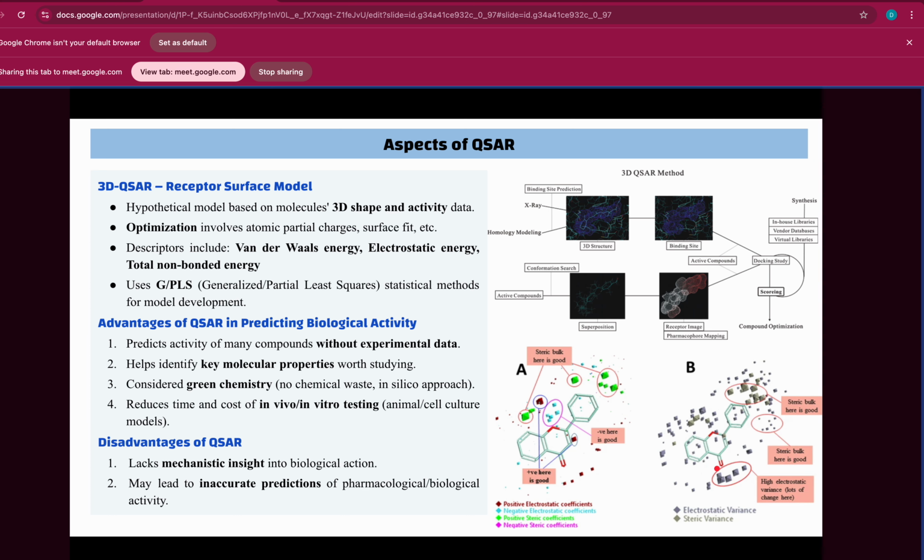So this is simply showing you that two different compounds or their binding sites can vary. In one place, the electrostatic interactions might be helpful, whereas in another compound, maybe electrostatic groups are missing, but still that compound is also the optimum compound.